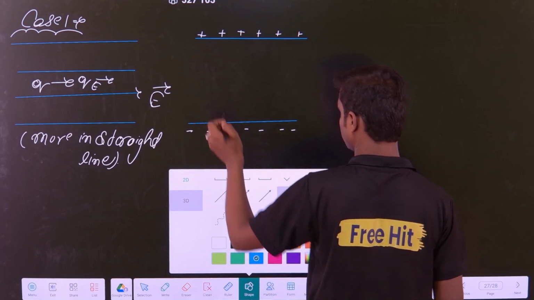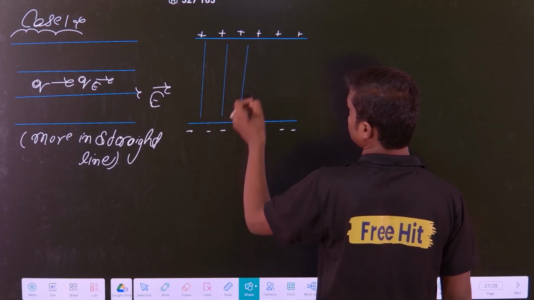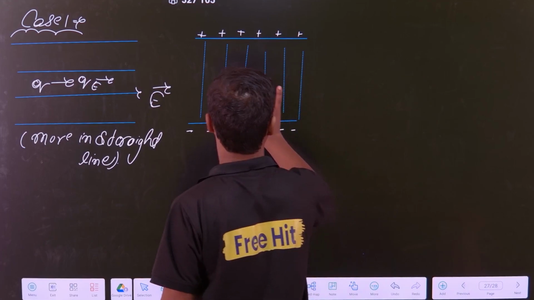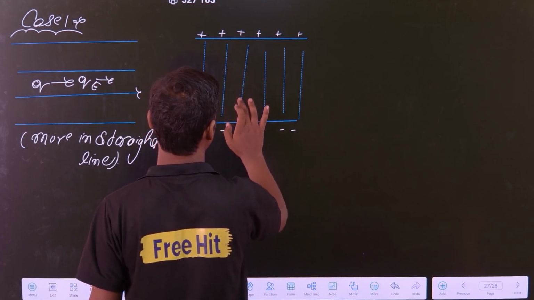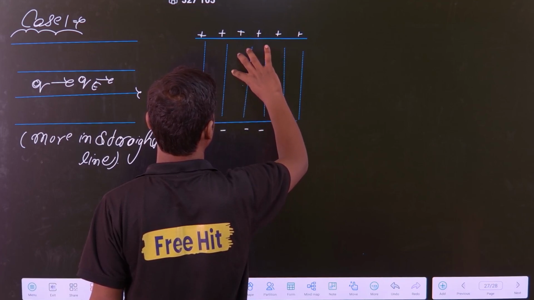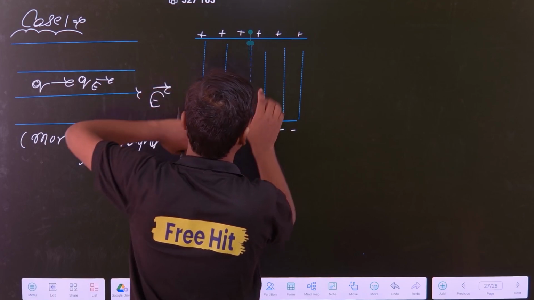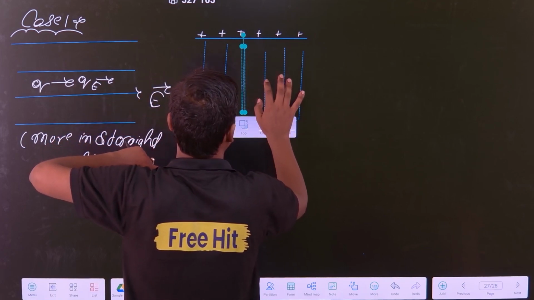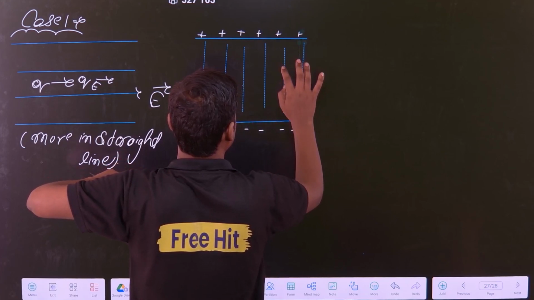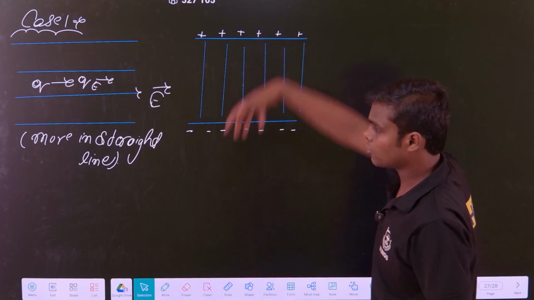Obviously in this way, from positive to negative only. The electric field line will be from positive to negative.